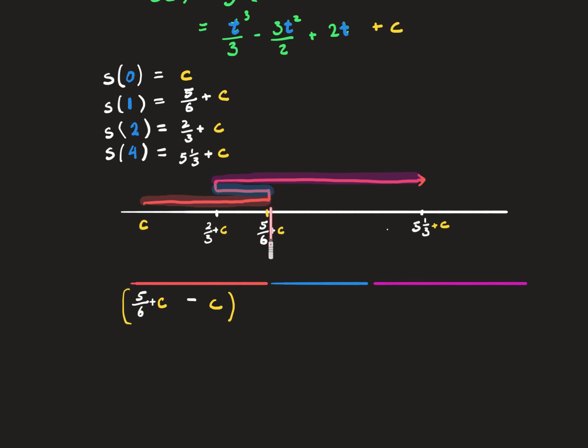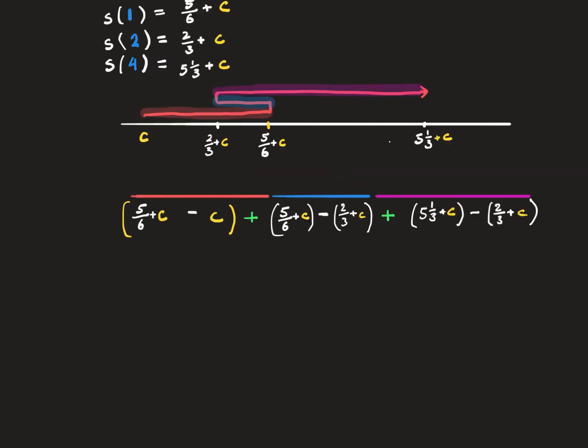So we'll say 5 over 6 plus c, take away 2 over 3 plus c. And our last distance covered is from 2 on 3 plus c all the way up to 5 1/3 plus c. We need to add these distances up so that we can find the total distance.